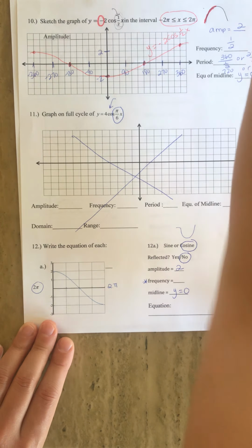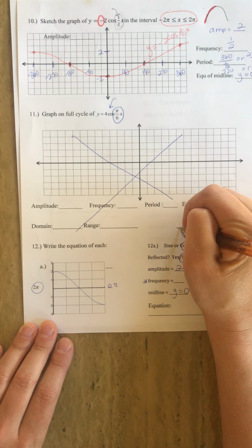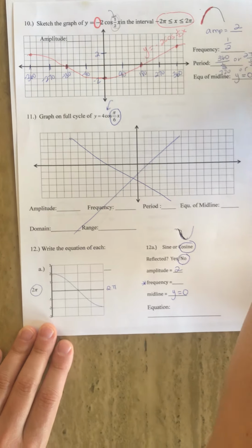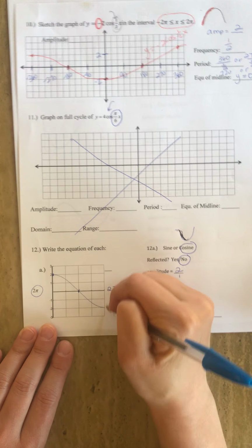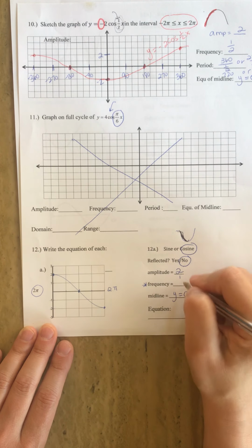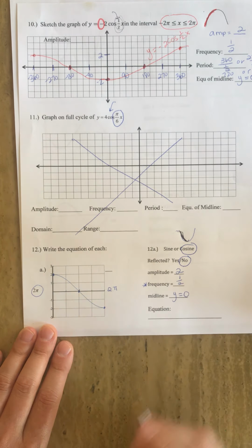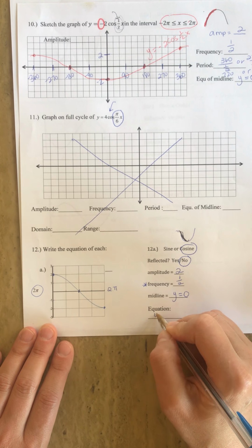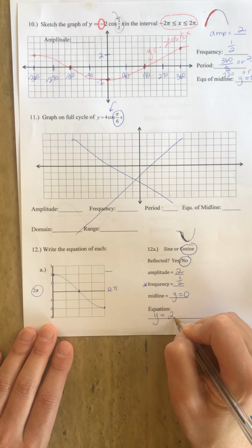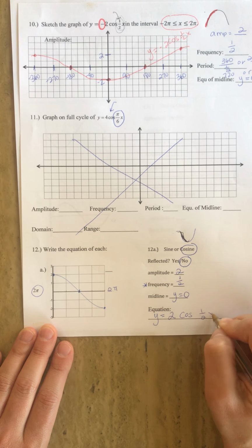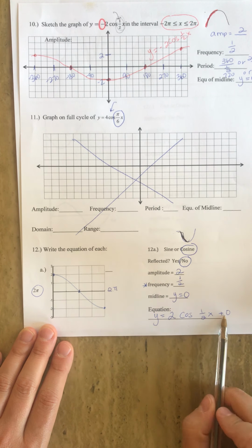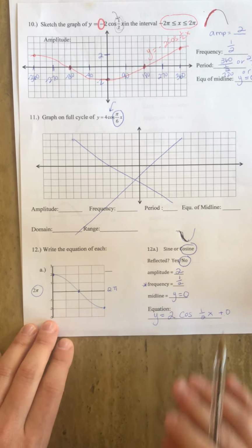You're only seeing half of it, okay? So we have these 3 main points right here, and you're going to realize that that's going to be half. We're going to put everything together. Y equals your amplitude, cosine, frequency, x, and you could put plus 0 because that is your midline.